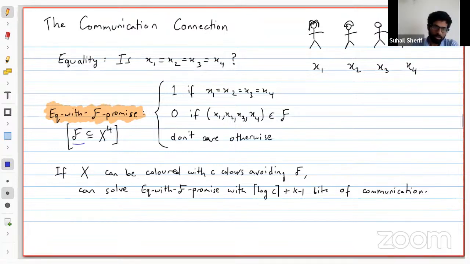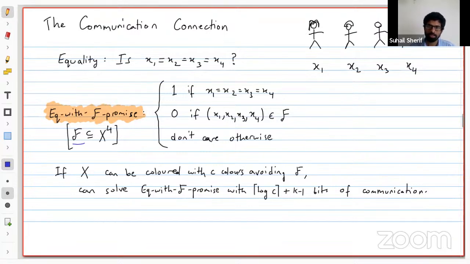Right. So say that their inputs are coming from this set X. If you can color the set X with C colors in such a way that it avoids this set F, by which I mean that if you take any 4 elements from X that are not all the same, and they're all of the same color, then that does not belong to the set F. Then you can actually solve this problem with just around log C bits of communication.